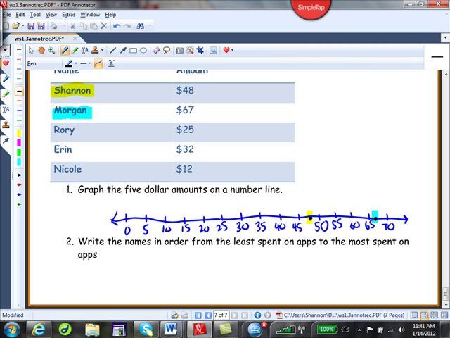Rory spent 25, so he's about right there on the marker. Aaron spent 32, be about here. Where'd you go, Aaron? There we go. And Nicole just spent 12, so she's down here.